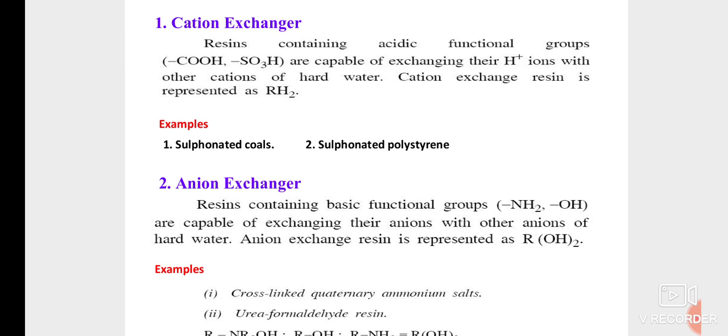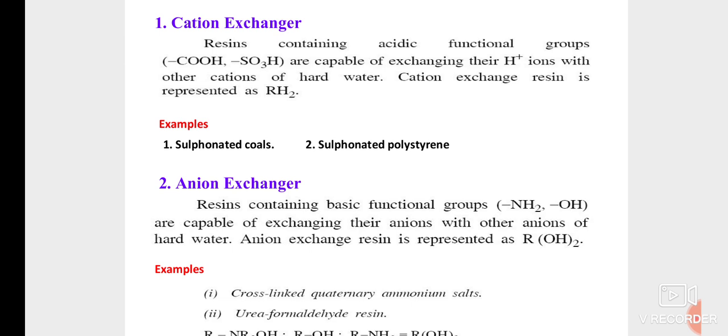The anion exchange resin is generally represented as R(OH)2.